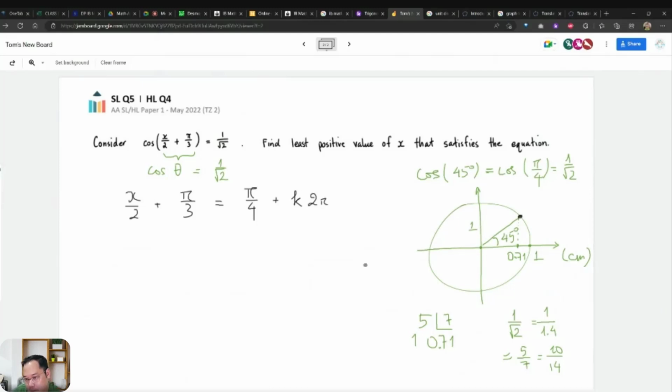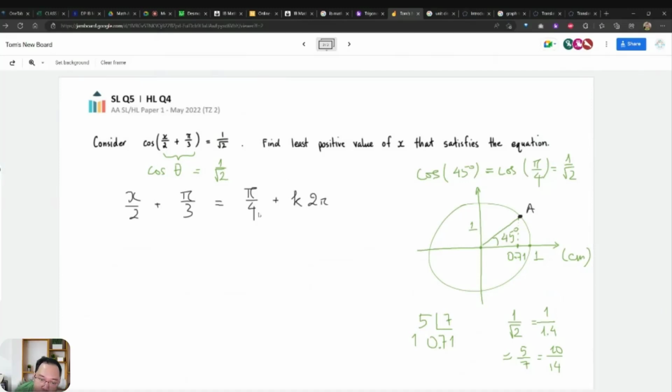If you rotate 2 rounds, meaning 720 degrees, or 3 rounds, 4 rounds, etc., you have the same value of the cosine, the same position for this point A. So the general way is that we have to write like this.